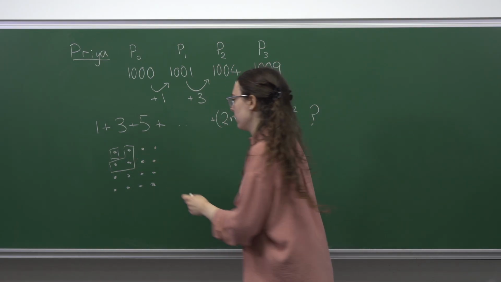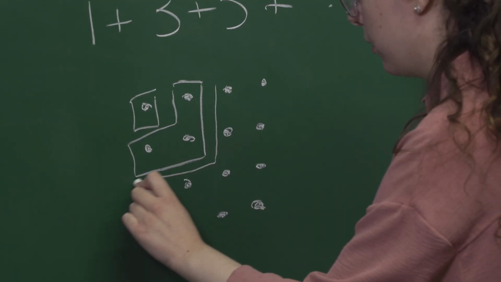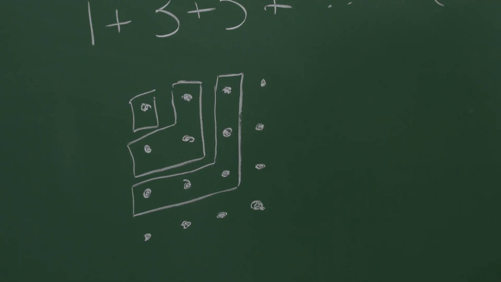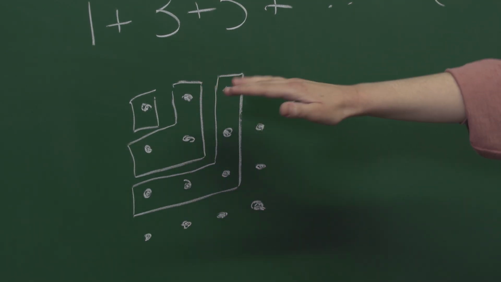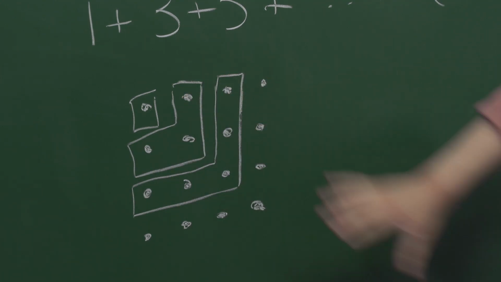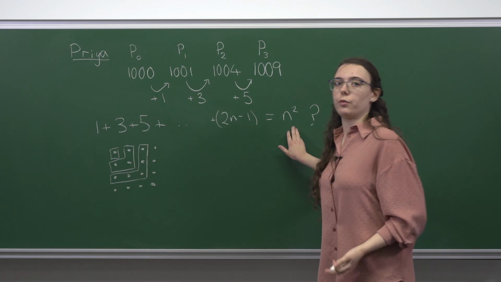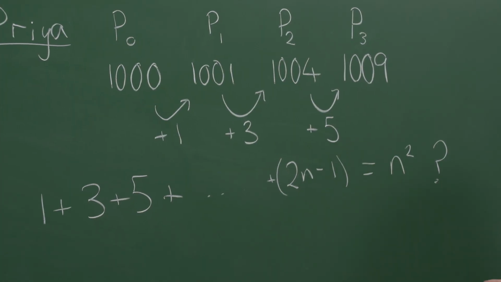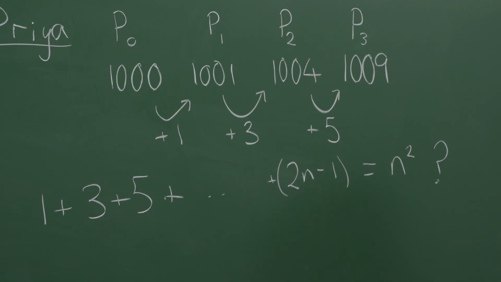Here I've added 3 dots. Here I've added 5 dots. And at every stage, I'm going to add consecutive odd numbers of dots. And you can see that they're going to form a square. And so intuitively, this is why you can see that this equation is true. So if you see an induction, you might like to have a go at proving this formally for yourself, but I'm going to leave that as an exercise for you.